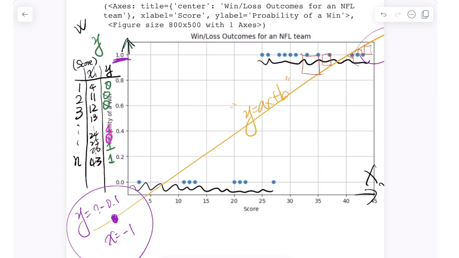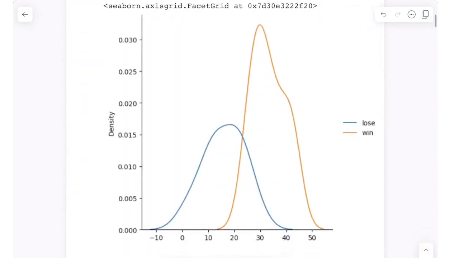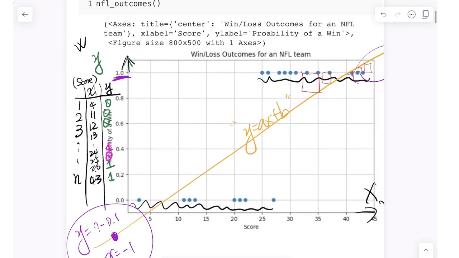So to solve such a problem, you need to find another kind of model and modify the data itself. Maybe the data would look like this. You need another shape, another line, to describe that when you score more, the winning probability is higher, and when you score less, the winning probability is lower.